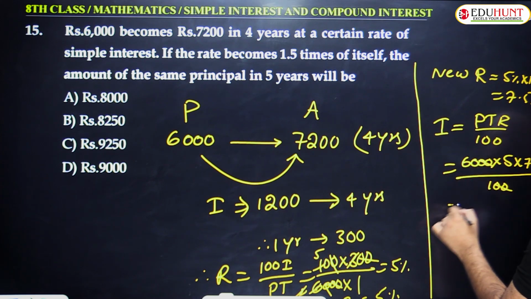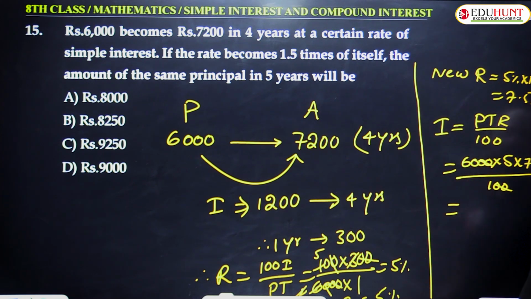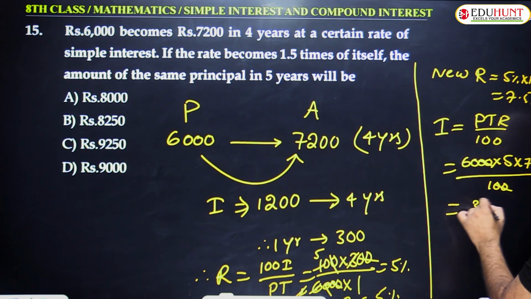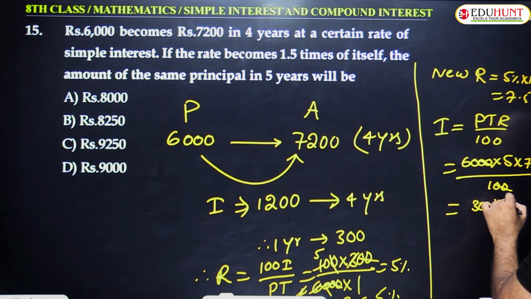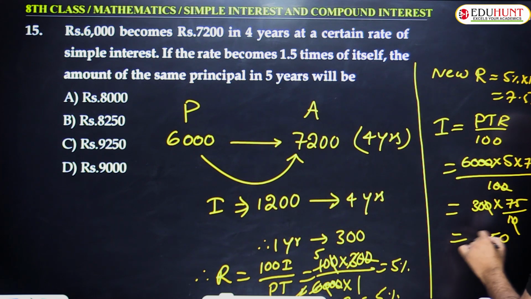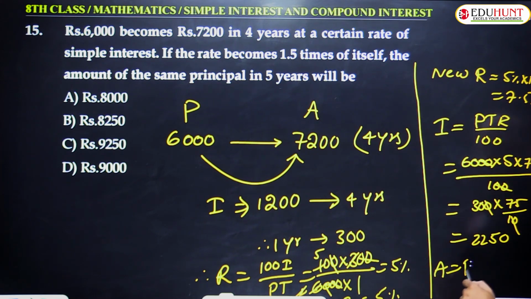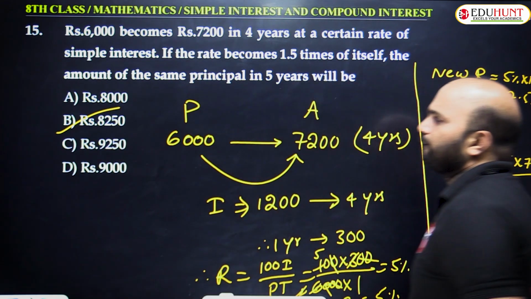So 20 cancel. 60 into 5 is 300. 300 into 7.5, which can be written as 75 by 10, 0 0 cancel. How much are we getting? 2,250. But what is the question asking? Amount is nothing but principal plus interest. Principal 6,000, interest 2,250, total will become 8,250, the amount. Option B is the right answer. Am I clear?